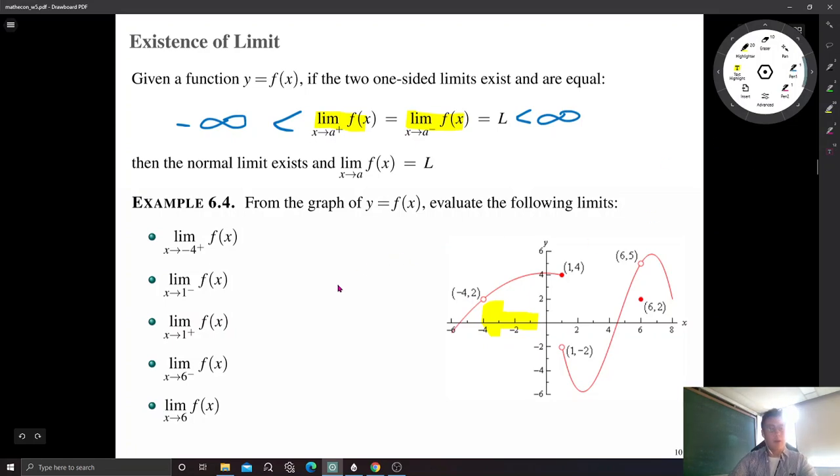So the right-hand limit of the function at -4 is 2. And if x approaches -4 from the left, the function is approaching the same empty circle, so the limit value is also 2. So at -4, the left-hand limit and right-hand limit both exist, and they are equal to each other. So the normal limit of this function at -4 exists, and the limit value is 2.